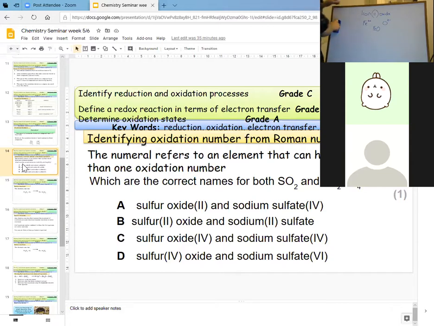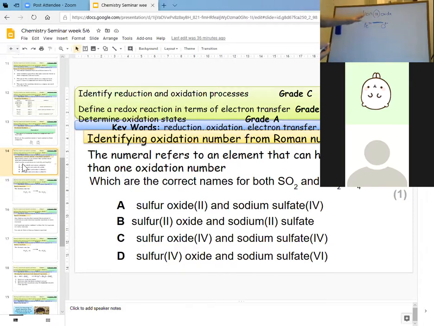A bit more complicated when we add iron 3. So that says Fe3 plus. Now we know oxygen is always going to be 2 minus, but these have to match, right?